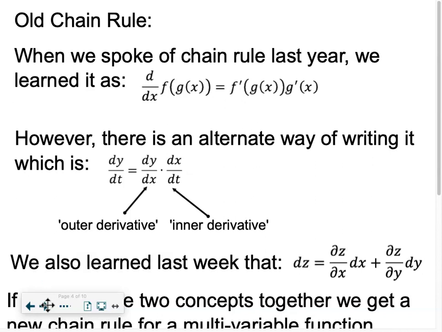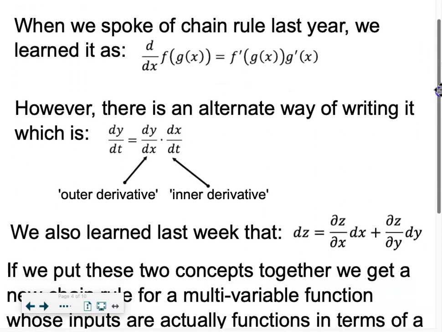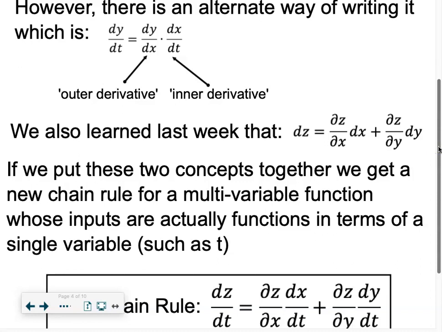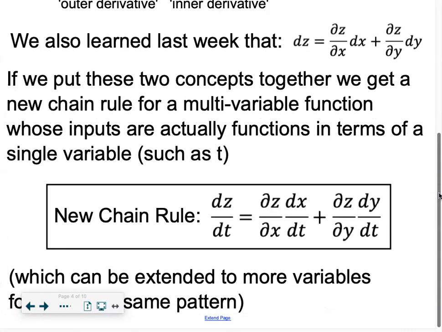So, all right. Last week we learned how to find a total differential. So dz equals partial z partial x dx plus partial z partial y dy. If we take this and put it together, this is what we come up with, this chain rule.